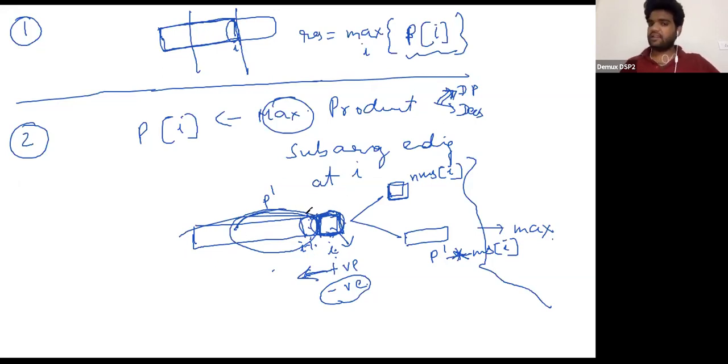You cannot say that, right? Because if this product is 3 and you have a minus 2 here, you would say the maximum product subarray ending here is minus 6. But actually, you could have a subarray ending at I minus 1 whose product is minus 2 also. So minus 2 times minus 2, which is 4, will be greater than 3 times minus 2.